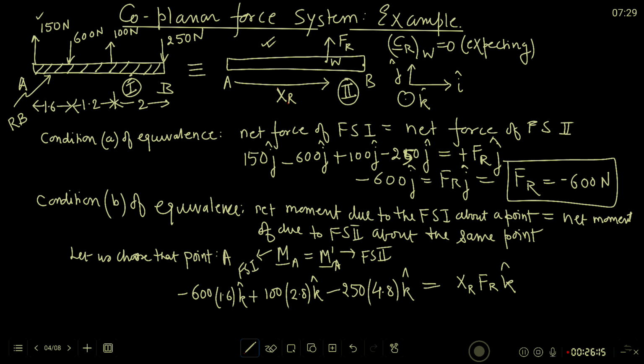Now this equation has only one unknown. Mind you, Fr is already found to be minus 600 newtons, so it is known. Left hand side, everything is known. The only unknown is xr. You can go ahead and find xr, and it turns out to be 1880 by 600 meters. It's 3.13 meters.